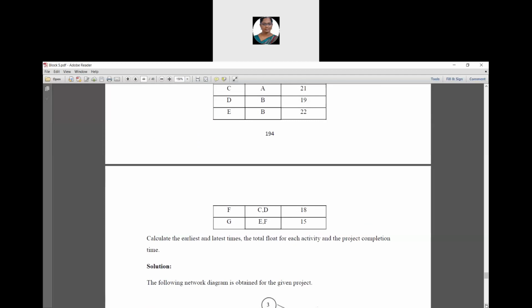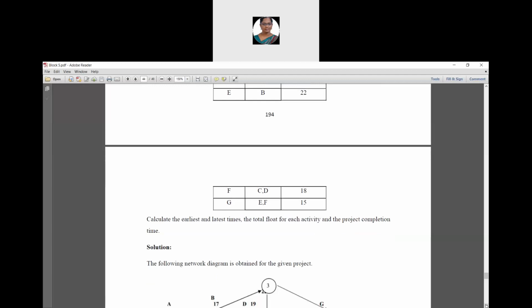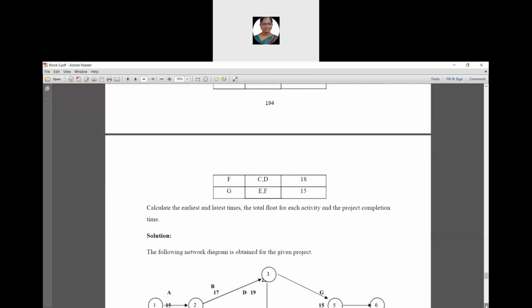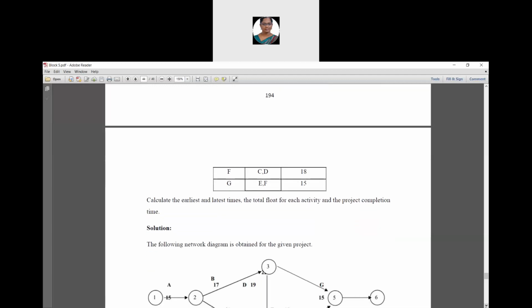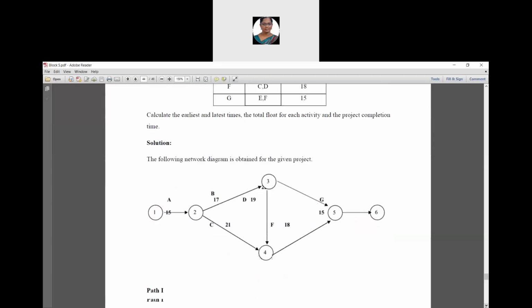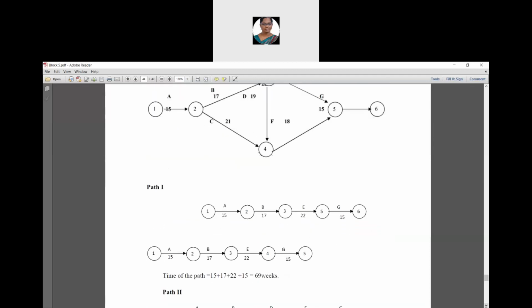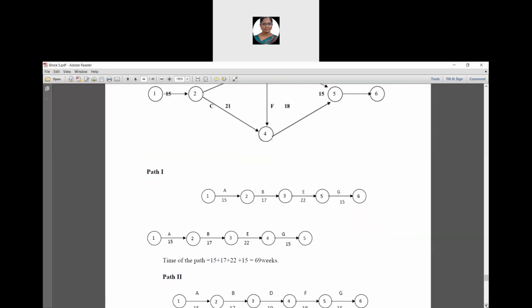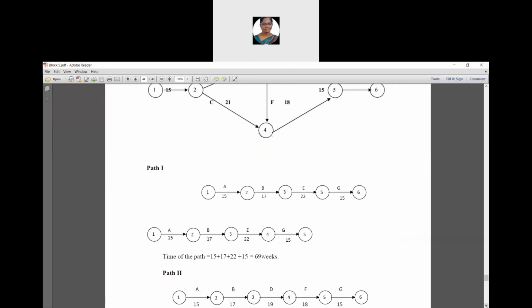So using the given data, we have to draw a network diagram first. And to find the critical path means the longest time duration.